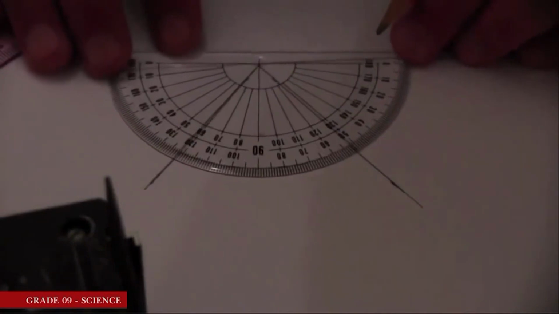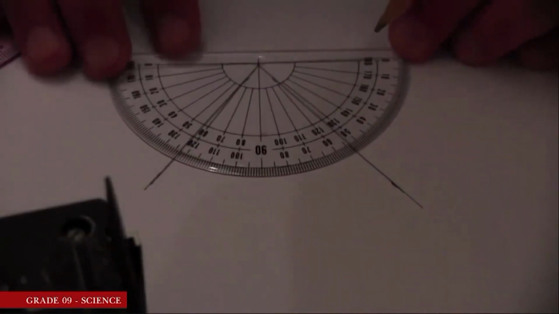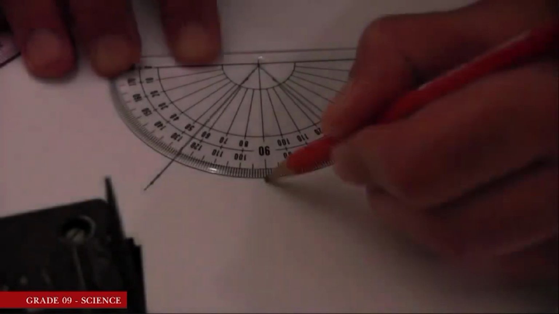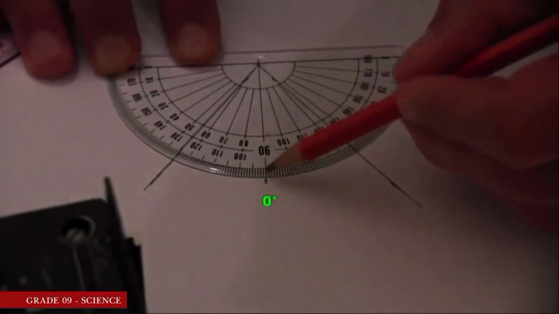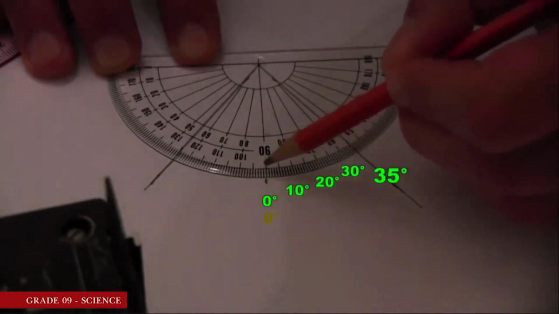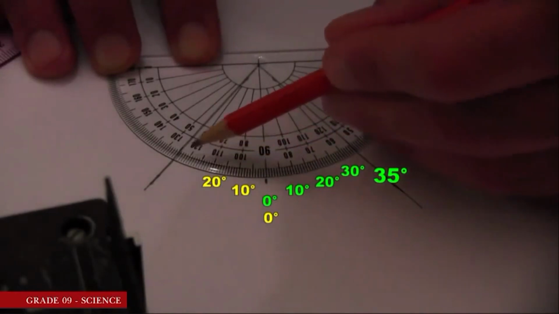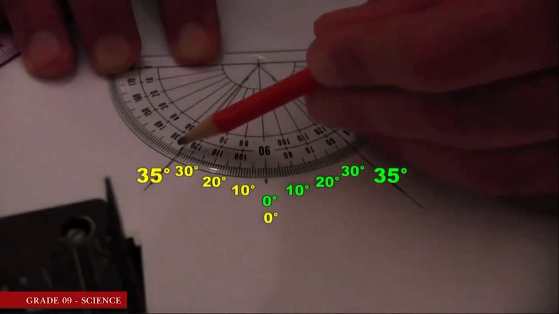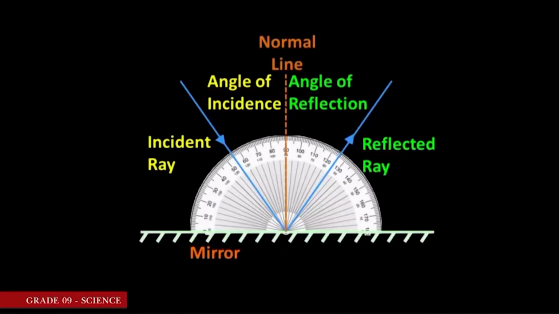Then keep the protractor and mark the line that is perpendicular to the mirror surface, so that you can measure the angles on either side of the perpendicular line. You can see both angles are equal and it is 35. So, you will come up with a diagram like this.